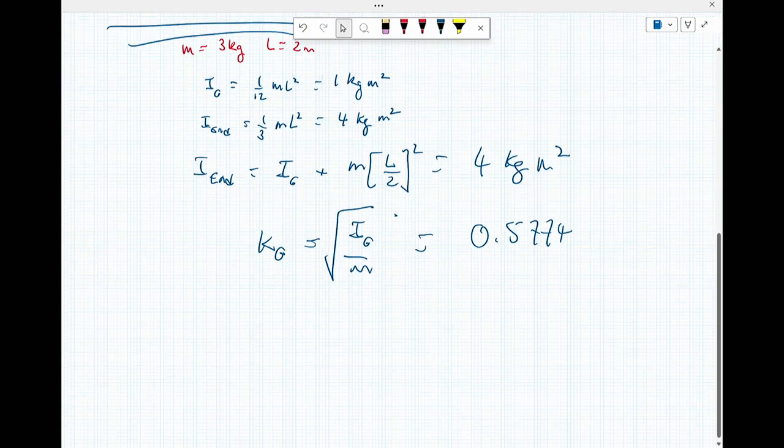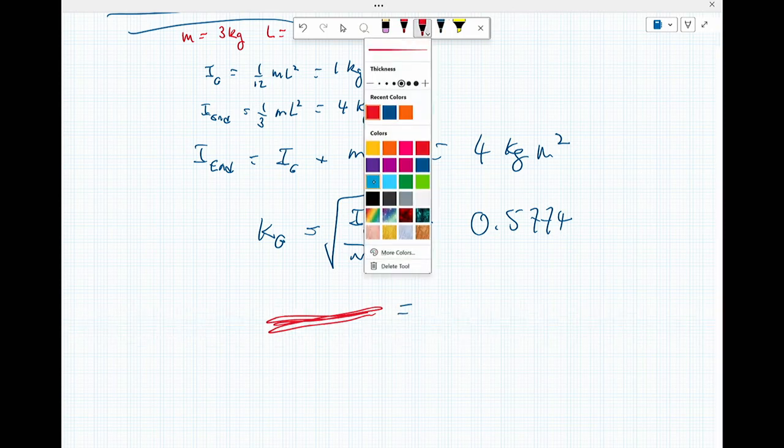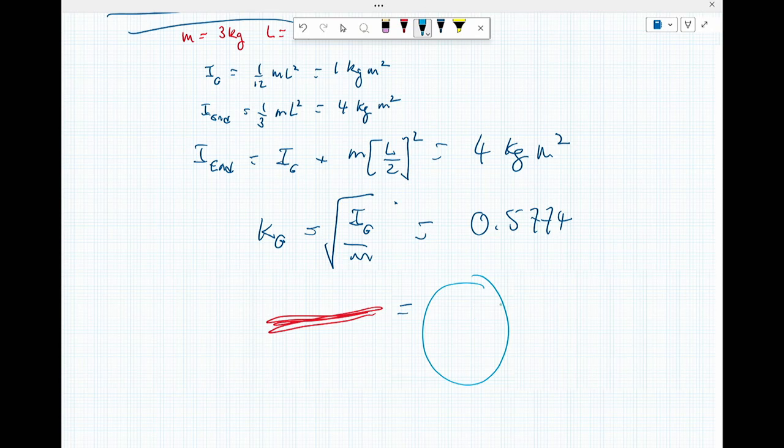What that means is you've taken this long, slender rod and said it's equal to a hoop. The rod has a length of 2 meters, and this is a hoop of 0.57 meters.